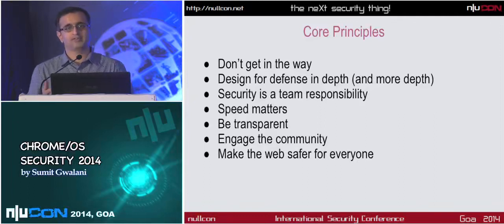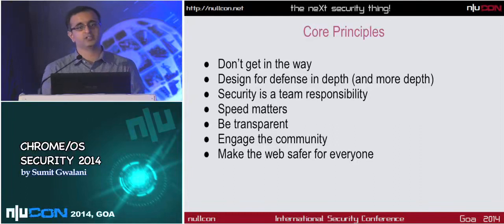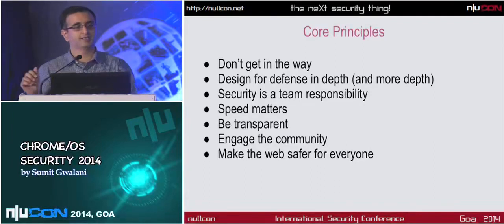So how did we come up with and define our initial principles? The first principle we came up with was don't get in the way. We have two other principles, speed and simplicity, and we want to be very sure that we are not getting in the way of them.